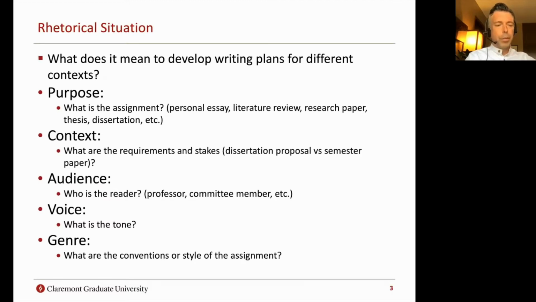So purpose is one of the key ones, and that's related to the topic and the audience in many ways. So what is the assignment? Is it a personal essay, a literature review, a research paper, a thesis, a dissertation? And why are you writing about or speaking about the topic that you are, right?